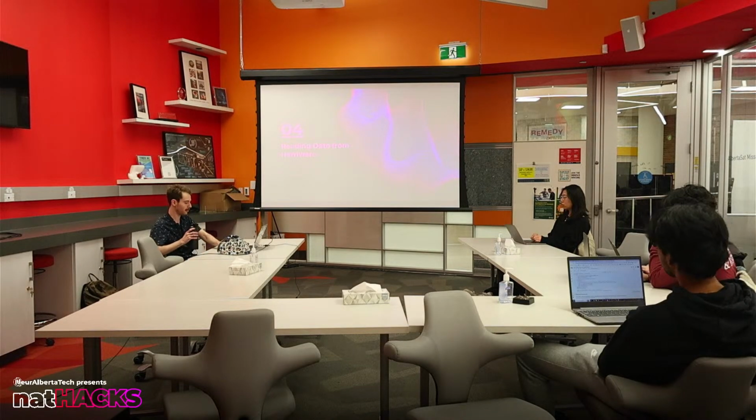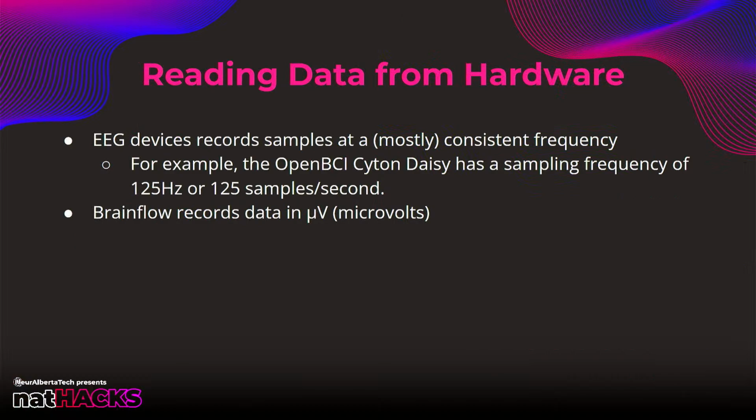All right, now let's talk about reading data from the hardware. There are a few small things you should know before we start reading data. The first thing is that, as you may know, EEG devices record samples at a mostly consistent frequency. The reason I say mostly is that some EEG devices send out samples in packets.